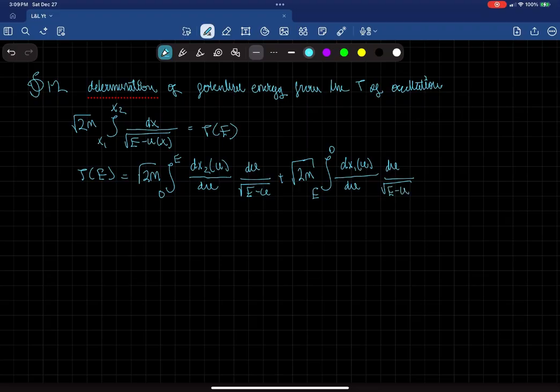So essentially we're trying to get our bounds from the function of the period.